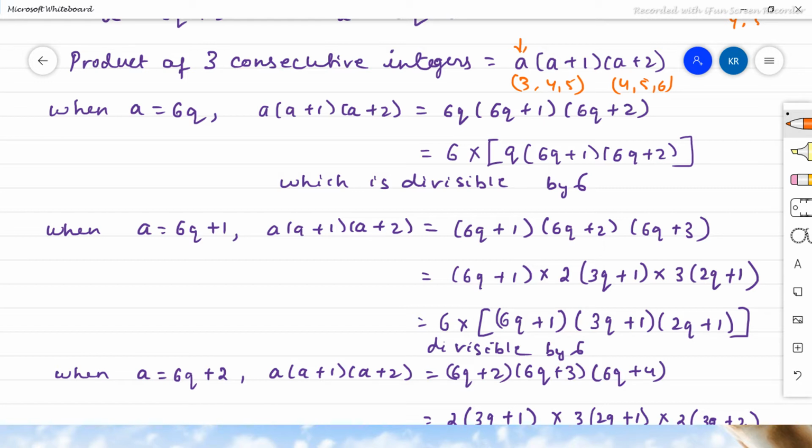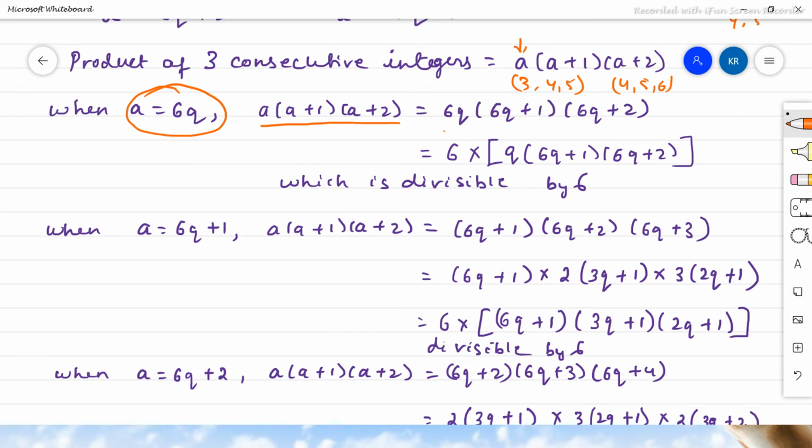Now we have 6 forms for writing the positive integer a. Let's take the first one, let a equal 6q. The product is a into a plus 1 into a plus 2, so in place of a we put 6q. In the first case, 6q can be written as 6 into q, hence 6 can be taken out.